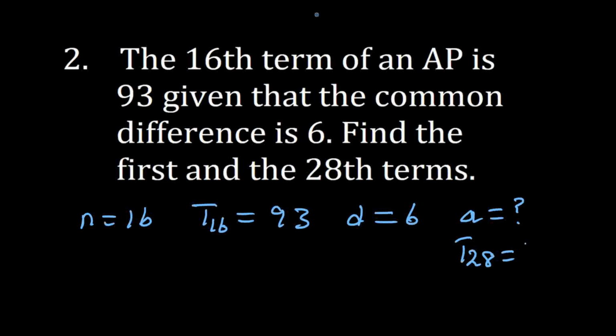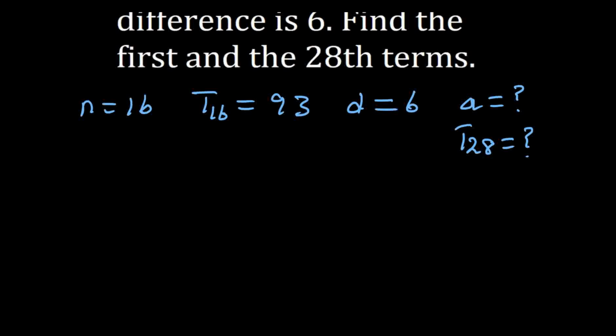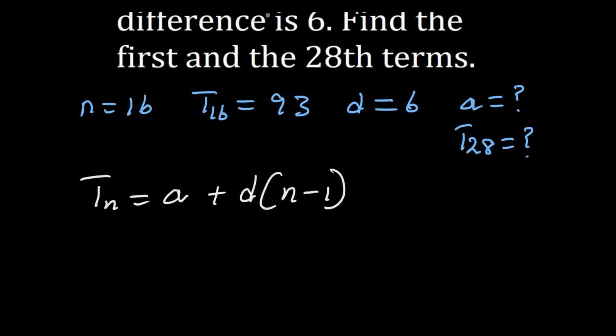All right, so first we are going to write down the general rule. So Tn is equal to A plus the common difference times n minus 1. So Tn, which is the 16th term, is 93. So 93 is equal to A plus common difference D, n is 16, so this will be 16 minus 1.